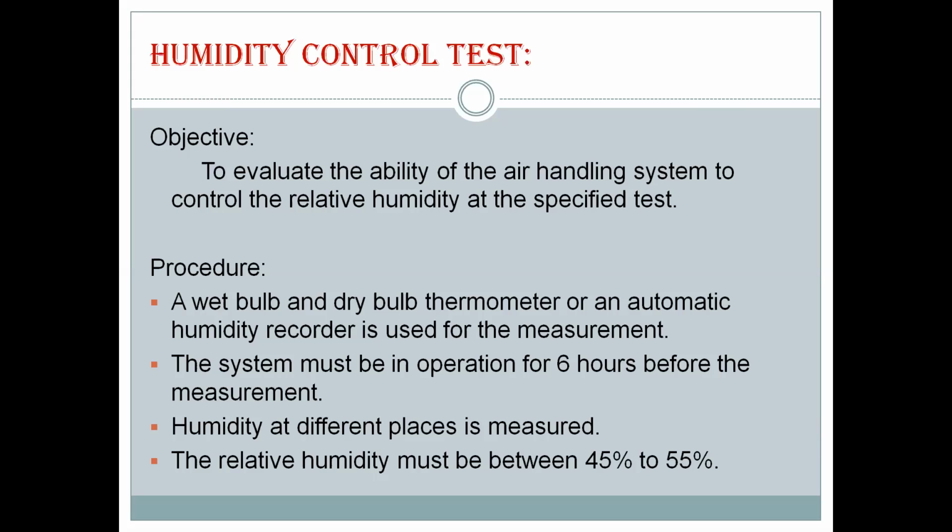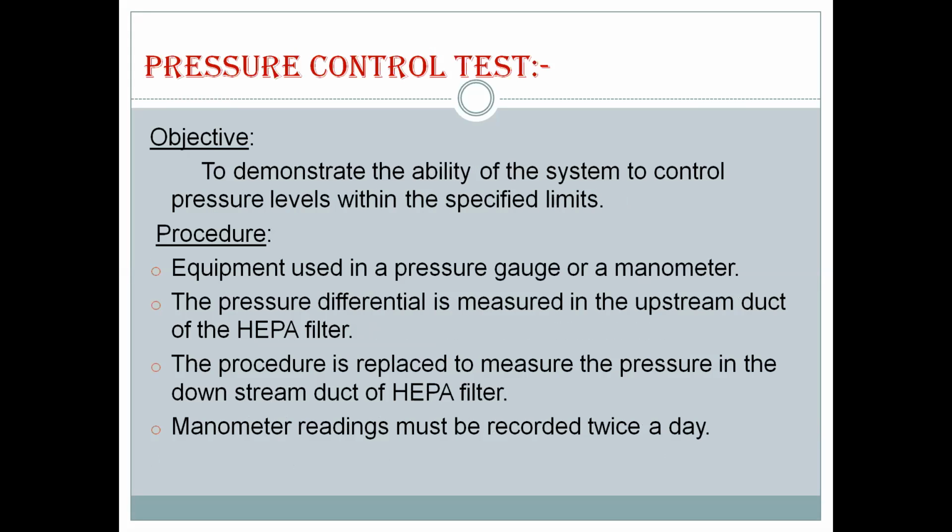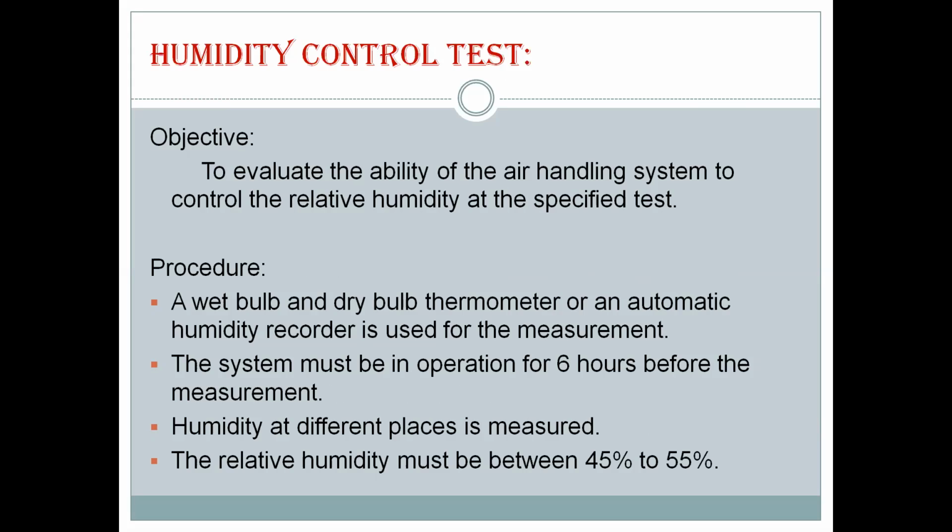An automatic humidity recorder should be used for the measurement. The system must be in operation for 6 hours before the measurement. Then humidity at different places is measured. The relative humidity must be between 45% to 55%. That is the humidity control test.